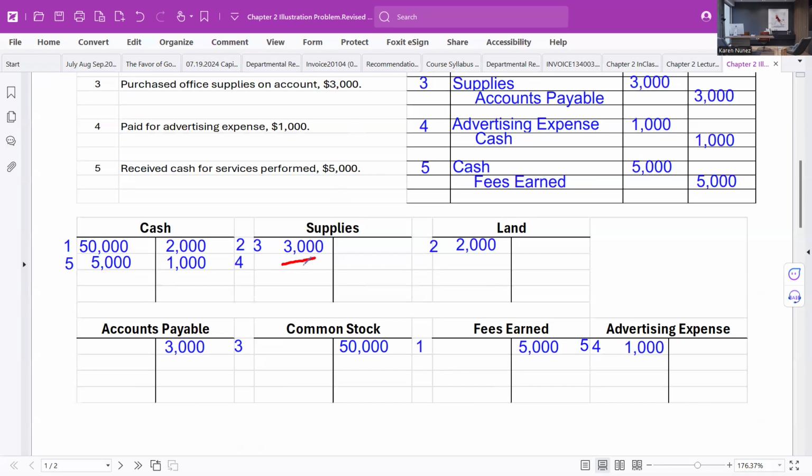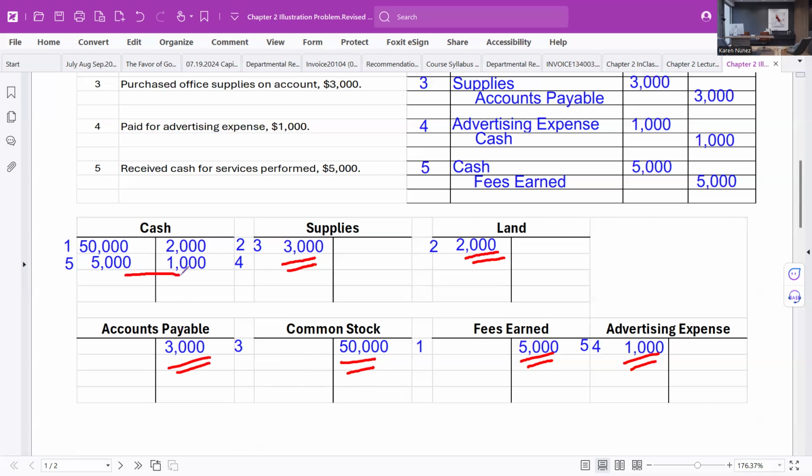So the supplies account, there's only one entry, right? So the balance is just 3,000. The land account just has a balance of 2,000. Advertising is a balance of 1,000, a debit balance. Fees earned is a balance of 5,000. Common stock is a balance of 50,000. Accounts payable is a balance of 3,000.